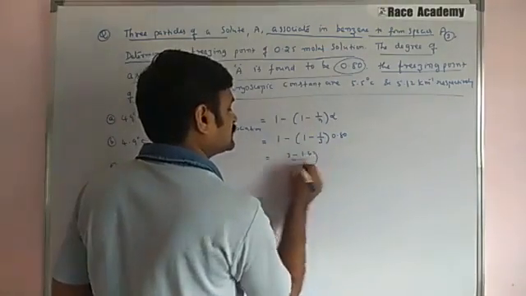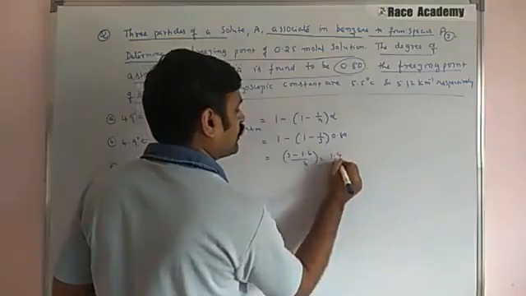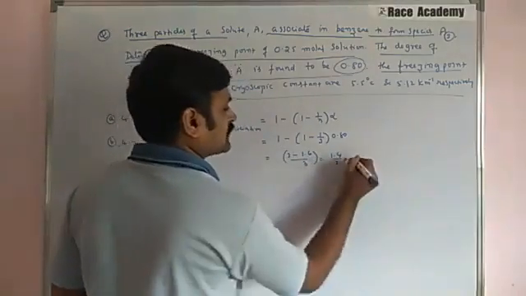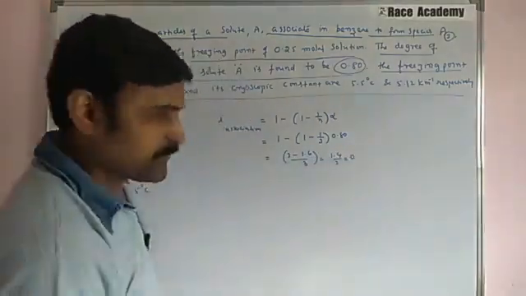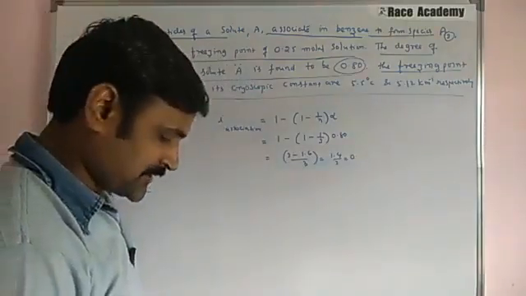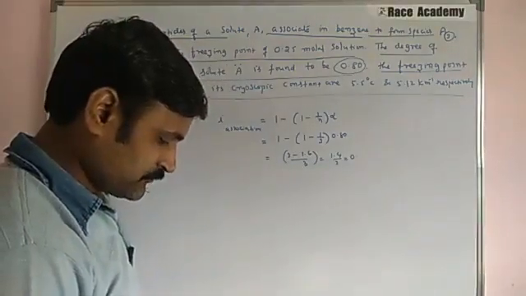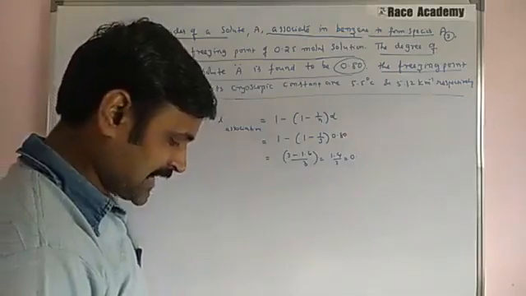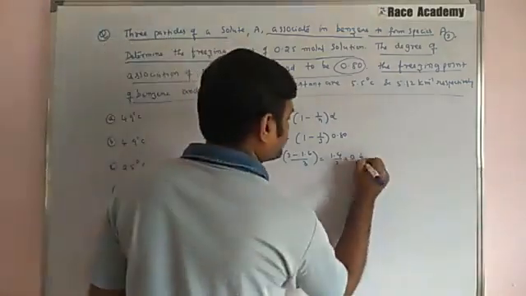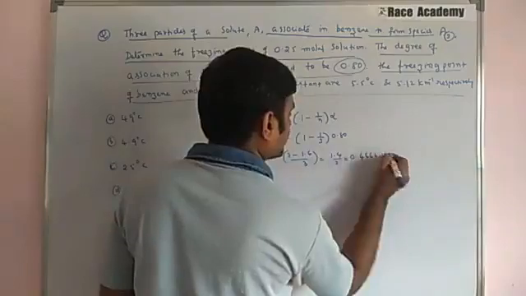So it's 1.4 by 3, which is approximately 0.466.